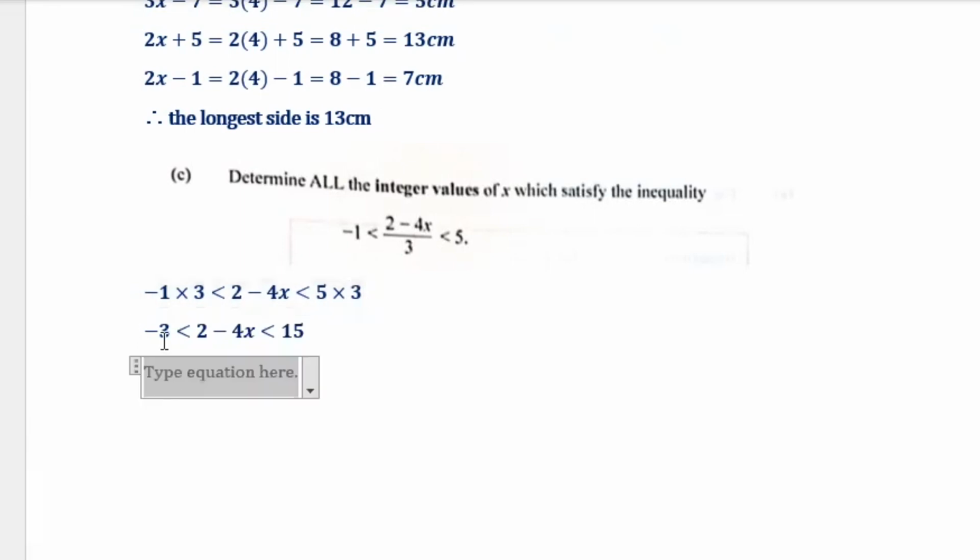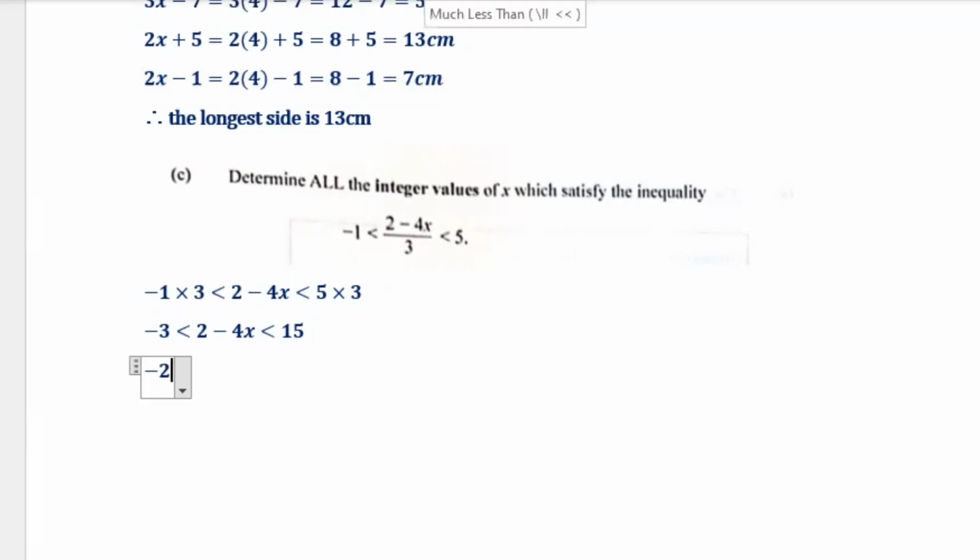Next, we're going to remove the 2. To get rid of the 2, which is adding here, on either side we're basically subtracting 2 from both sides of the inequality. I think I said equation earlier, I meant inequality.